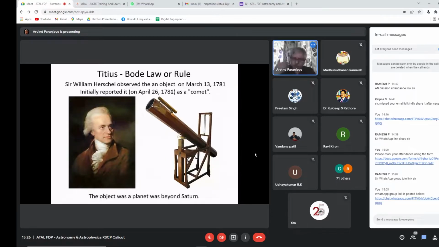So people started trying to find out the orbit of this particular comet, and the method of finding orbits of comets and planets had become known mathematically. Do whatever you may, you could never solve the orbit of this comet.